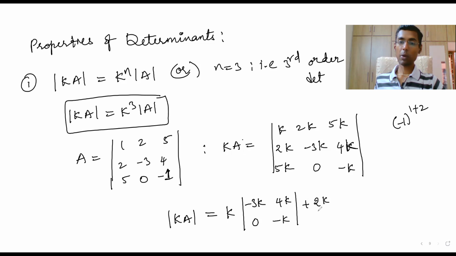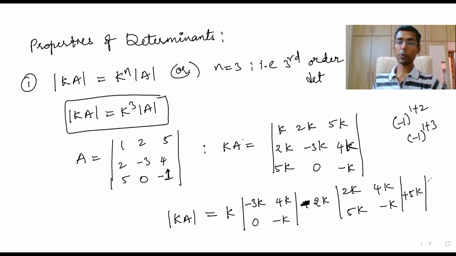So that minus I will put here, and this is 2k, 4k, 5k, minus k. And then next 5k into its cofactor, minus 1 to the power 1 plus 3, 4. The alternate plus, minus, plus will come. This is the removed row and column, leaving 2k, 4k, 5k and minus k.